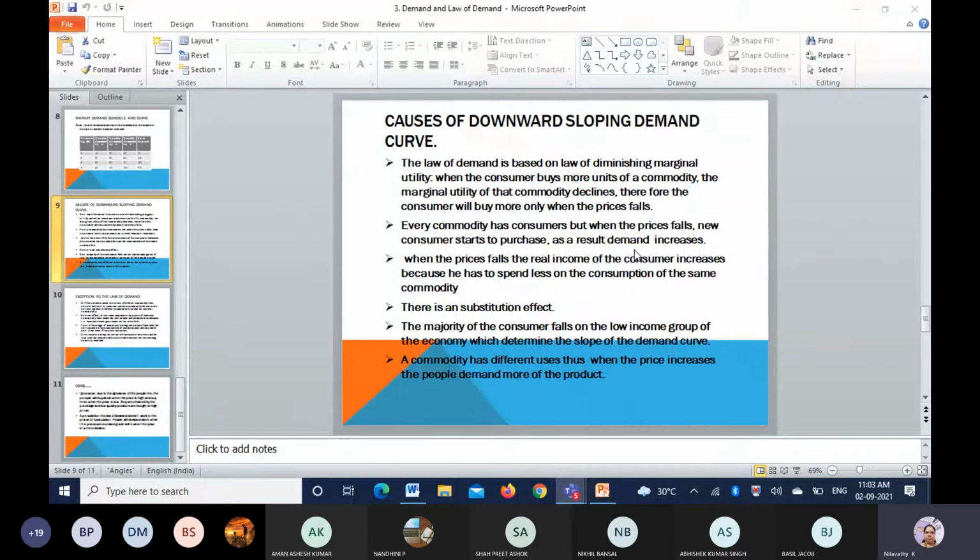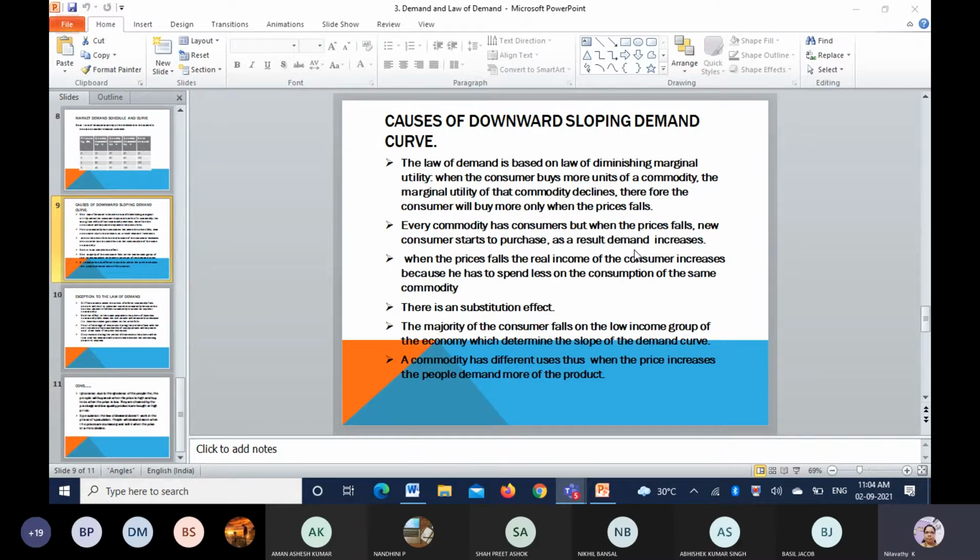That's the reason why the law of demand is a downward sloping curve, or we say that there is an inverse relationship. Why? Because people normally have a diminishing marginal utility towards any commodity. So that is the reason why the demand curve is downward sloping.